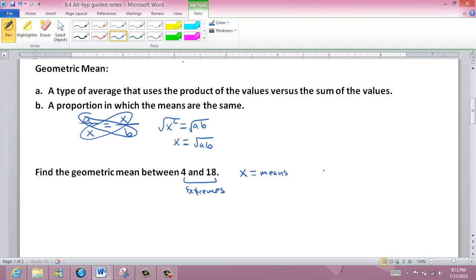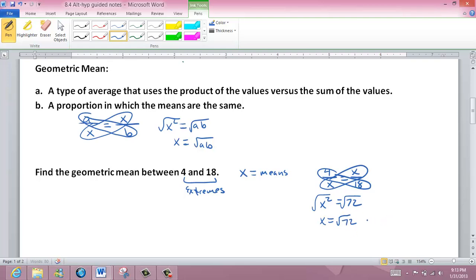So we would set up our proportion: extreme of 4 to the mean of X equals the mean of X to the extreme of 18. And when I cross multiply and solve, I get X squared equals 72. Now, in order to solve for X, I would go ahead and take the square root, and X equals the square root of 72.